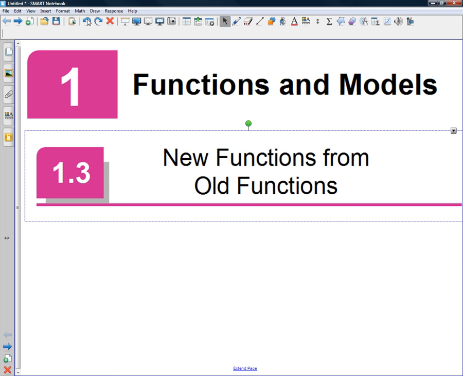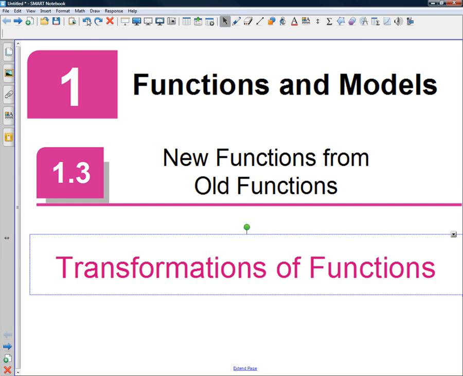So I think a better topic or way of labeling this section is transformations of functions. So we're going to talk about transforming functions to get new functions. The old function will be what we start with, and the new function will be what we make it into or transform it into, and you'll see what I mean very soon.